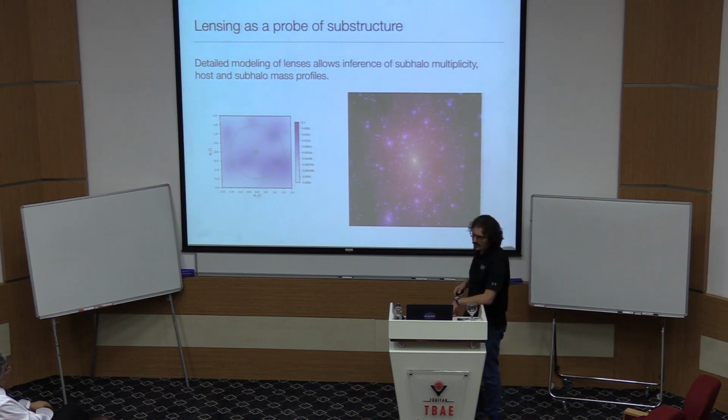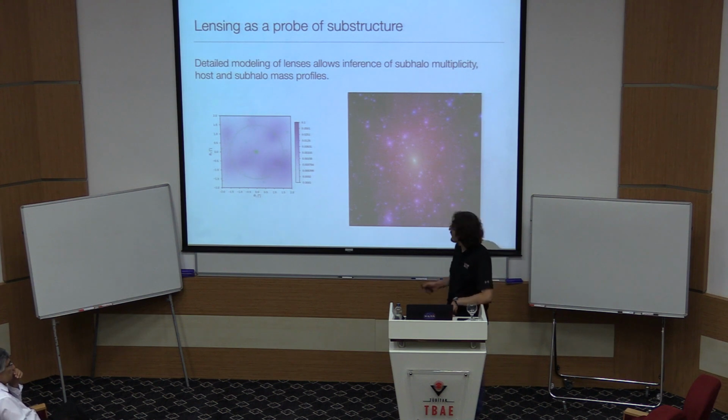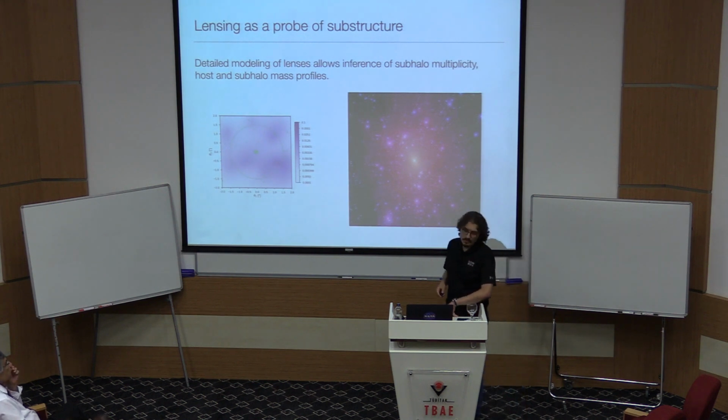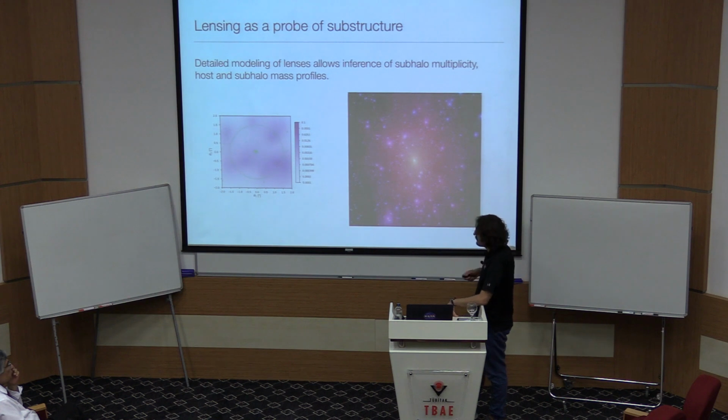I've already talked about this in the very first lecture, that there are many subhalos predicted to exist by lambda CDM. That's just because in lambda CDM, dark matter is cold, so we predict the existence of these, and you can actually use lensing to probe the existence of such substructure.